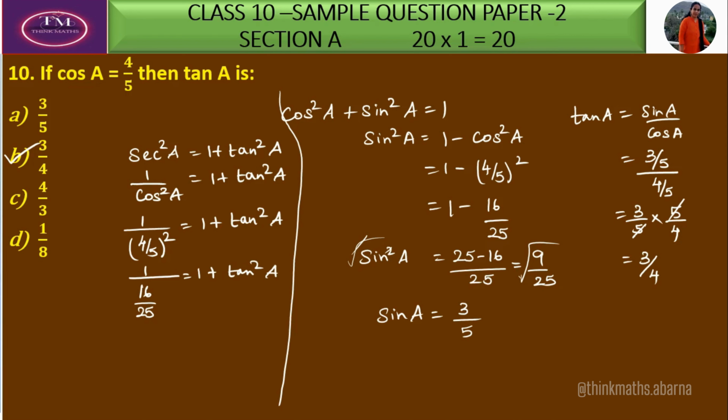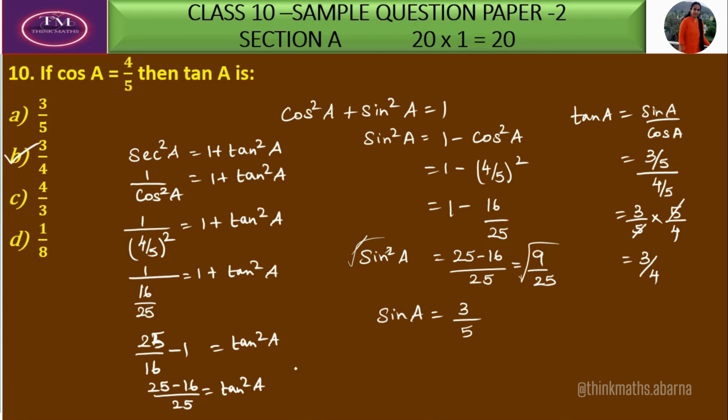So if we take the 16 by 25 to the numerator, it will change to 25 by 16. This plus 1 will become minus 1 when we change the sign. So if we take the LCM, we will get 25 minus 16 divided by 25 equal to tan square A. So now 25 minus 16 is 9.